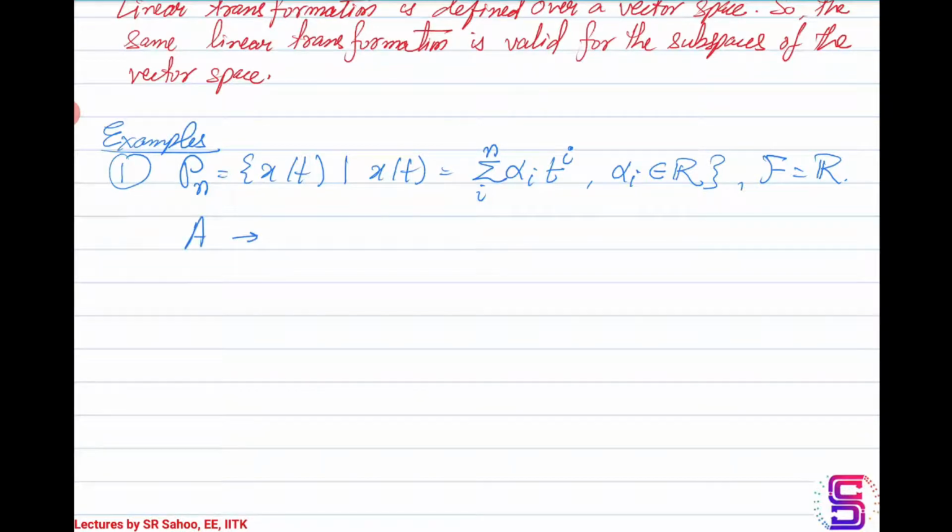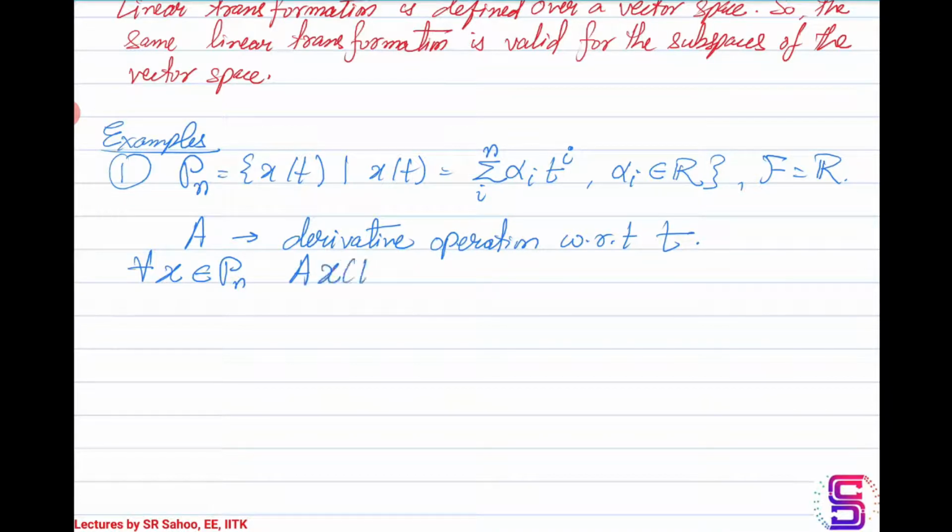A, or the transformation that we are considering, is the derivative operation with respect to t. Is this operation a linear transformation on the vector space? Okay. So if you take any vector from P, for all x in Pn, A acting on x will give you what?